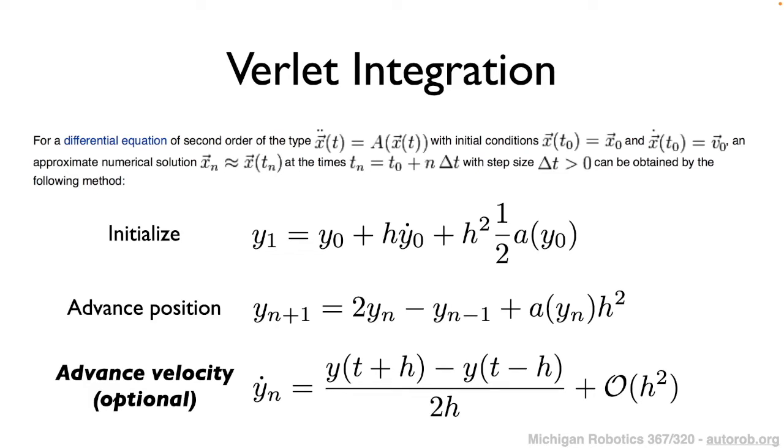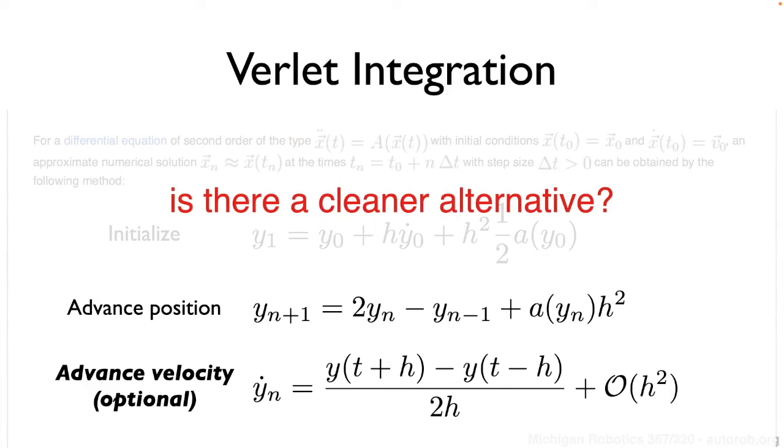For our purposes, we're going to consider this updating of the velocity to be optional, because that position update is a function only of position. In other words, in the pendulum case, the update of the pendulum's angle, which is the middle equation on this slide, is a function only of the pendulum's angle. But if you need the velocity, there is this approach that you can use for Verlet integration. But it is a little bit clunky, this optional equation.